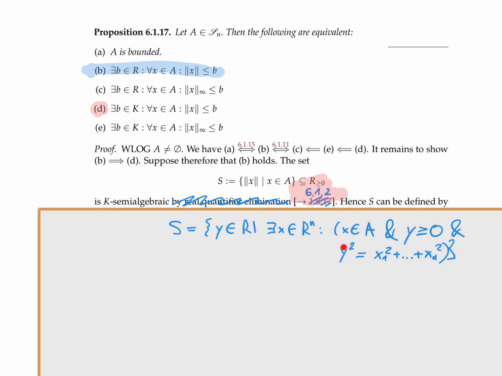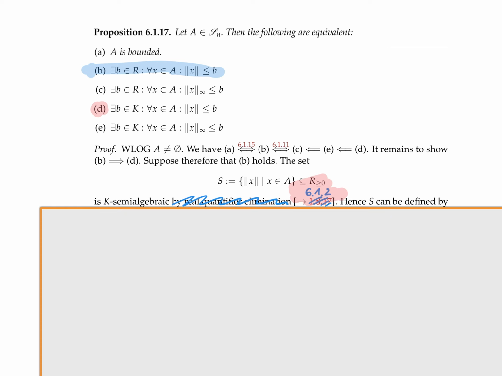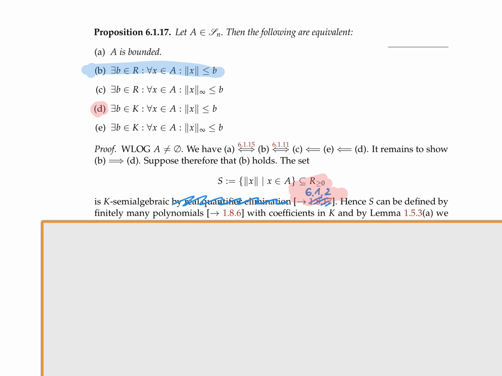That's a semi-algebraic condition, even given by a polynomial equation, and that's finitely many existential quantifiers. Hence S can be defined by finitely many polynomials.